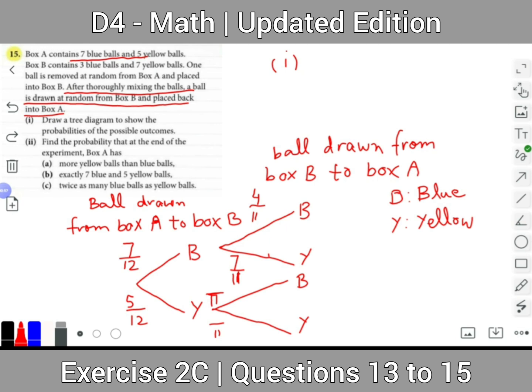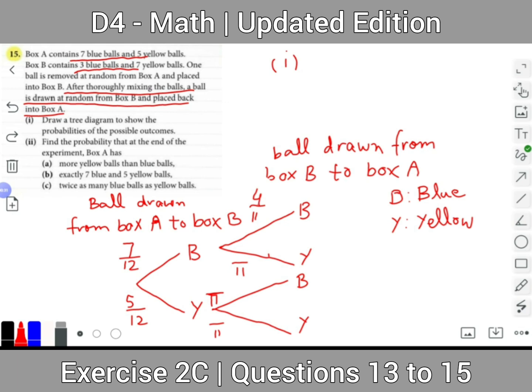Now for the blue balls, since in the box B we have 3 blue balls and 7 yellow balls, and after a ball is drawn at random from box B and placed back into box A, since one ball is put back into the box, the number of blue balls will become 4.